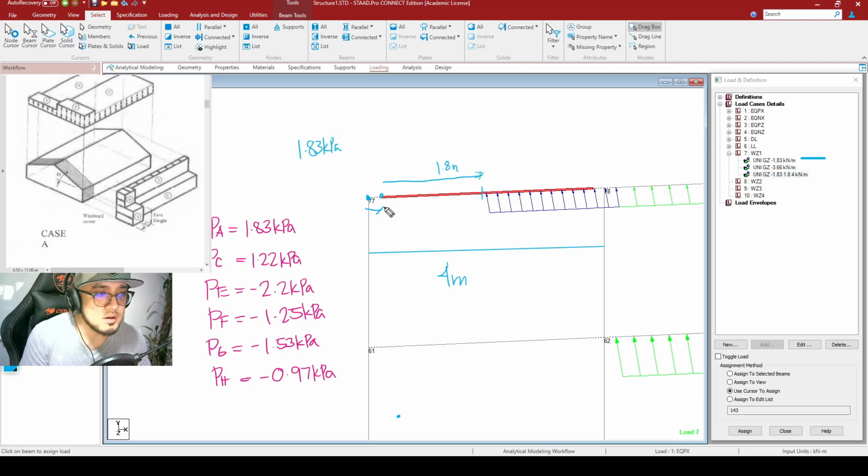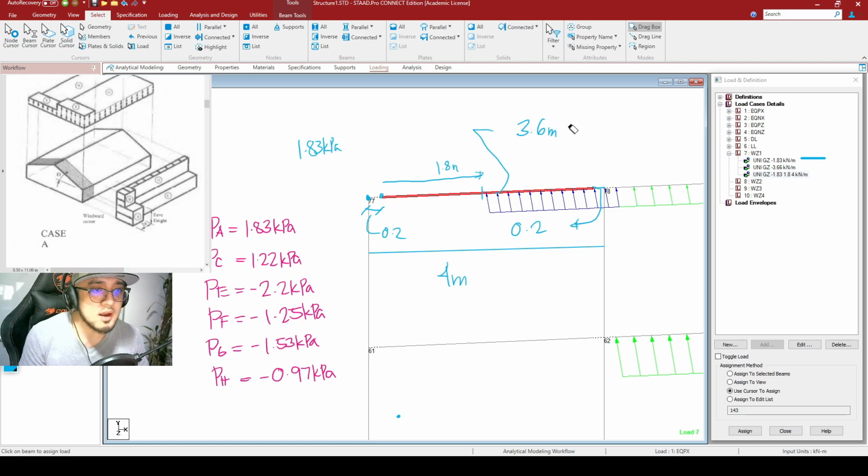So this was an offset of 0.2 and this is now an offset of 0.2, thus making our beam 3.6 meters. So what can we do now?